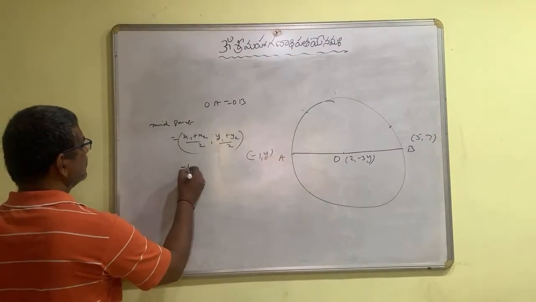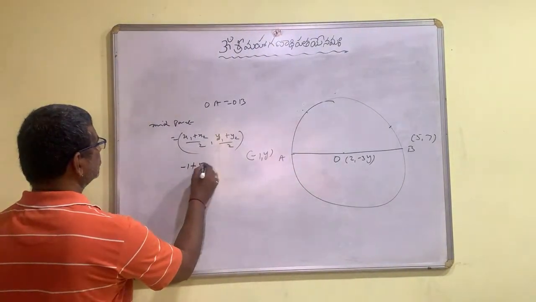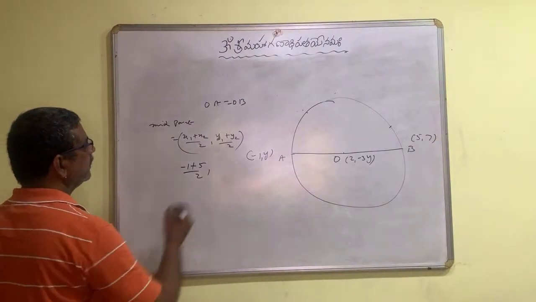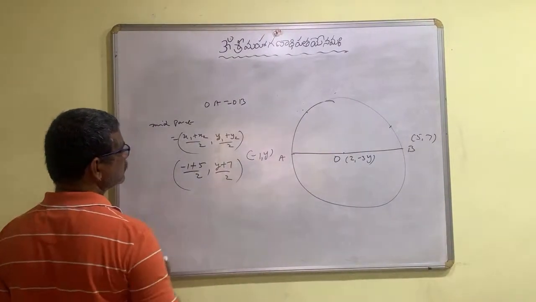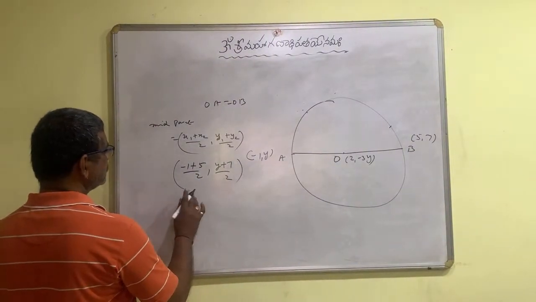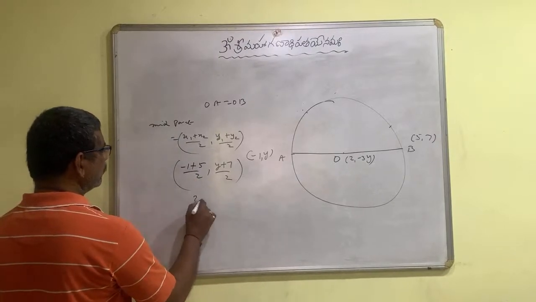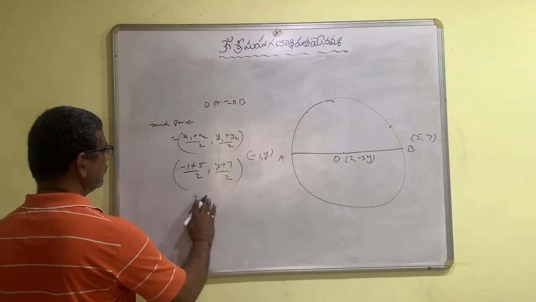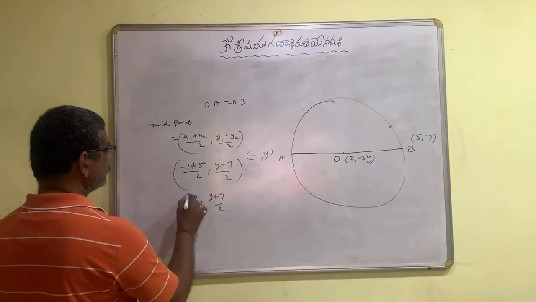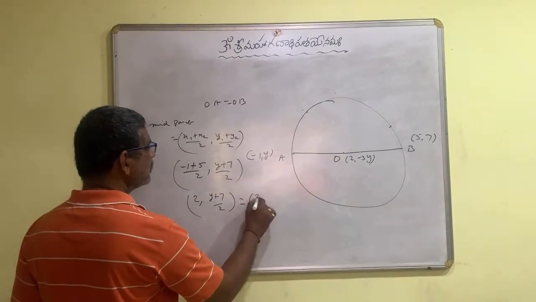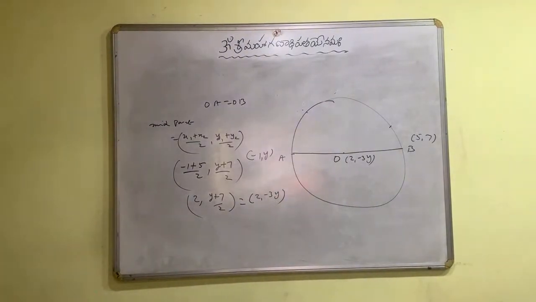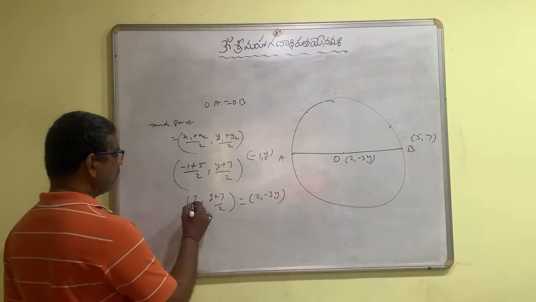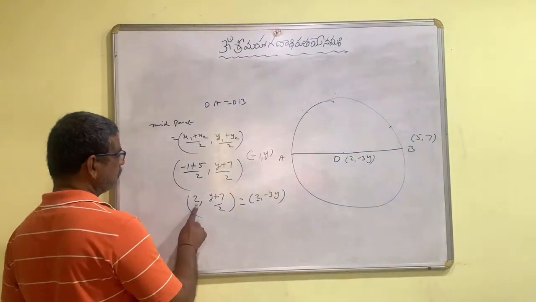(x1 plus x2) by 2, (y1 plus y2) by 2. So (-1 plus 5) by 2, (y plus 7) by 2 is equal to (2, -3y). The x coordinates are both the same, 2 and 2.